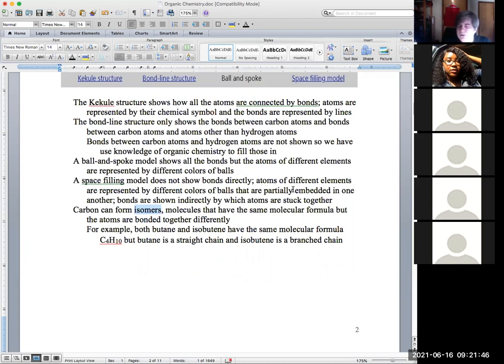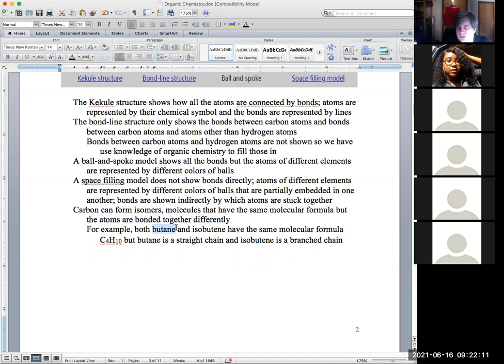So isomers are molecules that have the same molecular formula. They have the same number of carbon atoms, the same number of hydrogen atoms, same number of oxygen atoms, same number of nitrogen atoms, whatever the atoms are that are in it. But there's a difference. The atoms are bonded together differently.